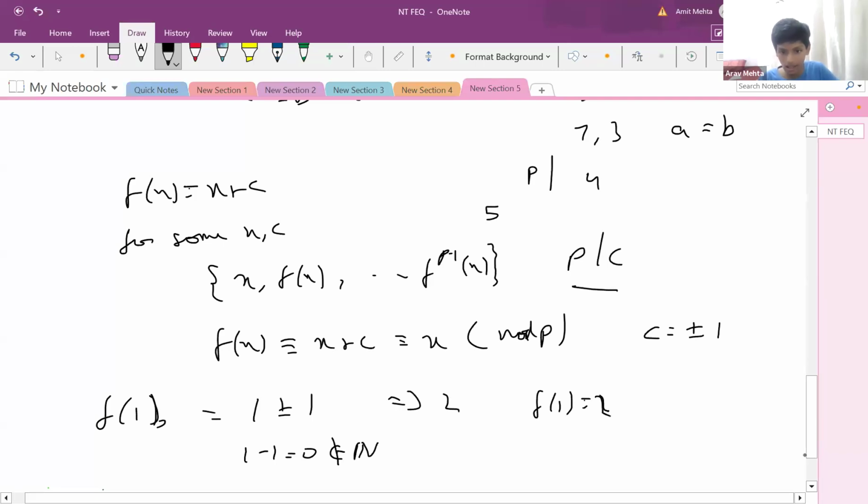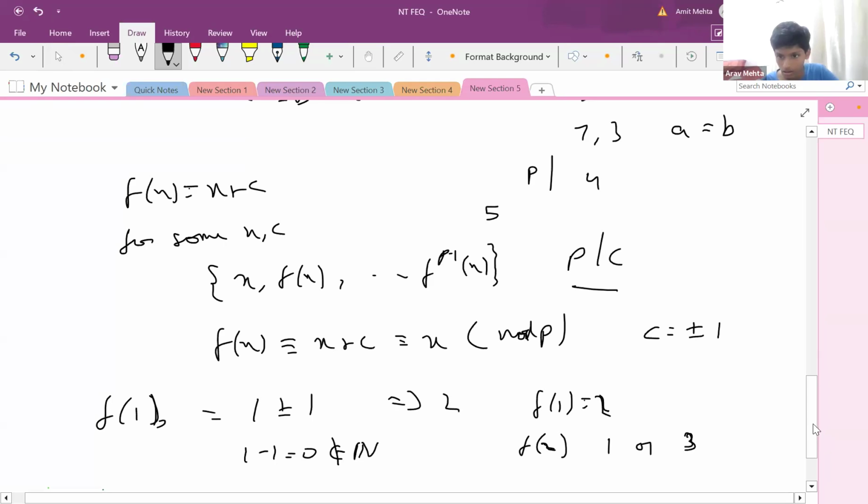And after this, f of 2: there are two choices. It can either be 2 minus 1, which is 1, or 3. Wait, what is the problem with 1?